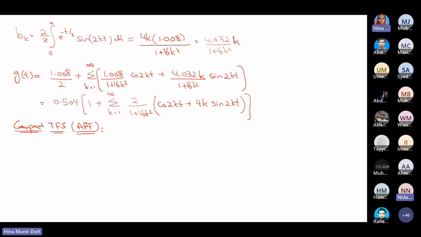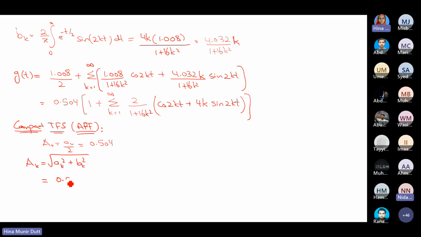So for amplitude phase form, I know that C naught is equal to A naught over 2, which is 0.504, and Ck is equal to square root of Ak square plus Bk square, this one. Here's my Ak and where's my Bk.